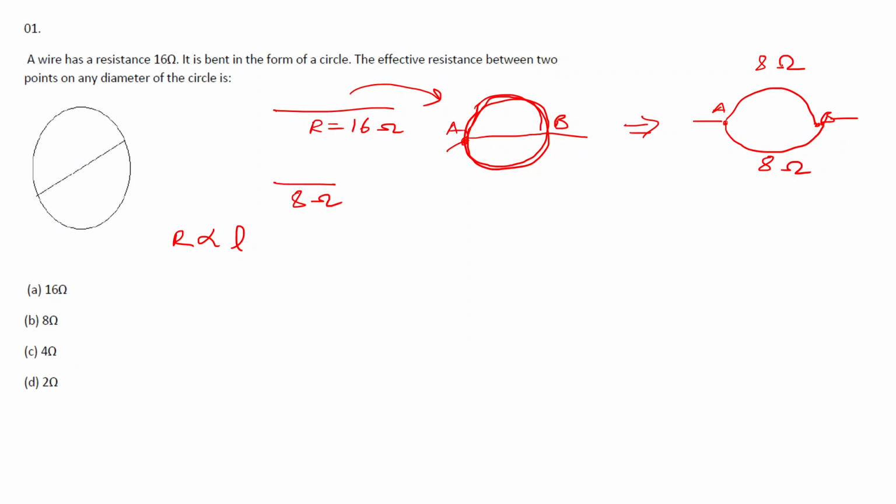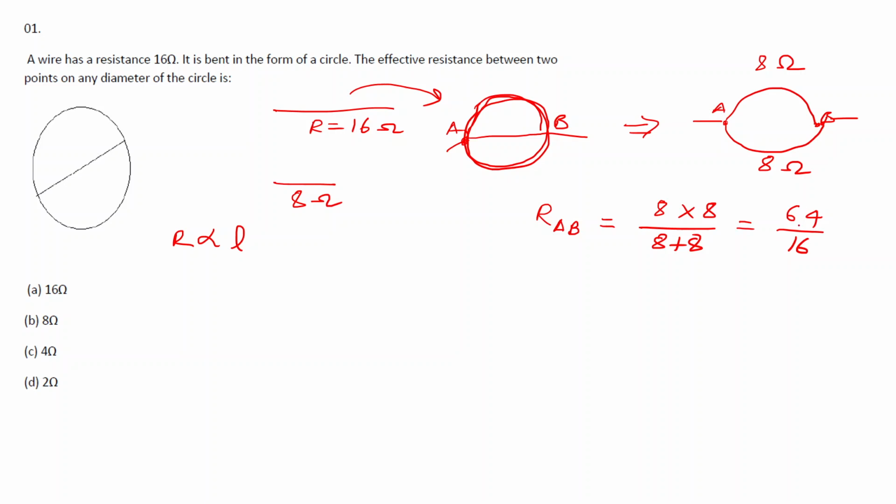We can clearly see here these two resistors are in parallel, right? So we have to find the overall resistance for these two parallel resistors. We know the formula for the total resistance of parallel resistors: it's R1 R2 divided by R1 plus R2, that is 8 times 8 divided by 16.